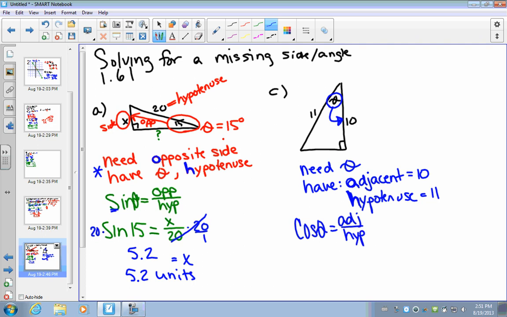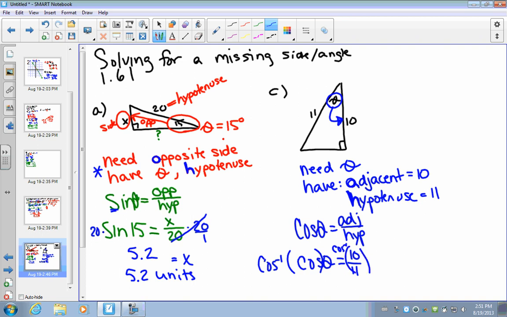And again, all of those are in your book on page 28 in that methods and meanings box. So I'm just going to plug in what I know. Cosine of something equals 10 over 11. Okay, now to solve for theta, I am going to have to take the cos inverse of both sides.